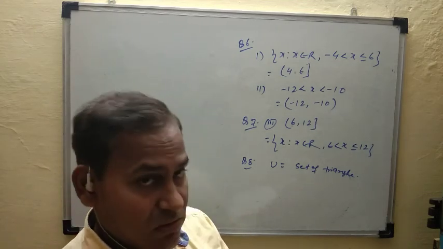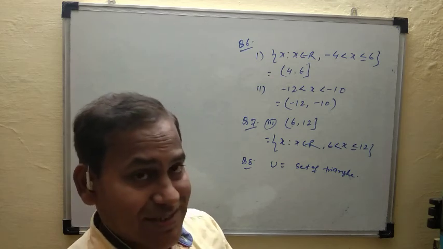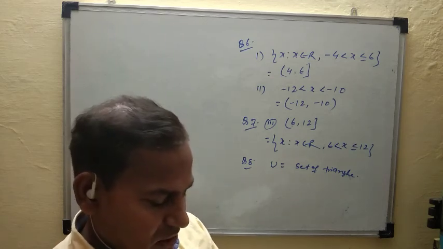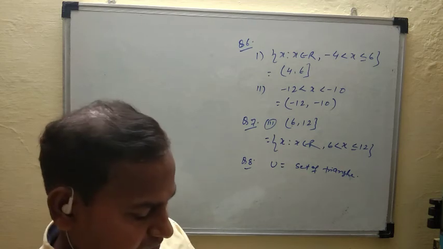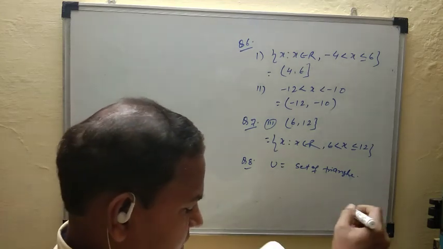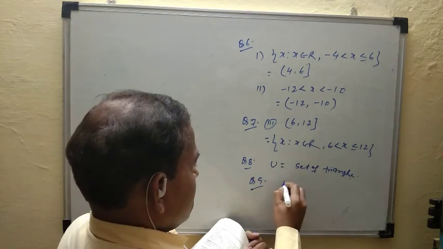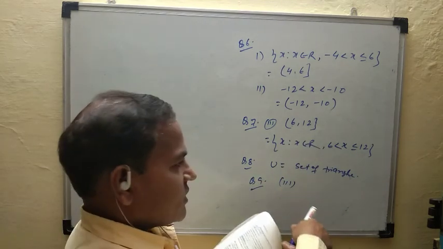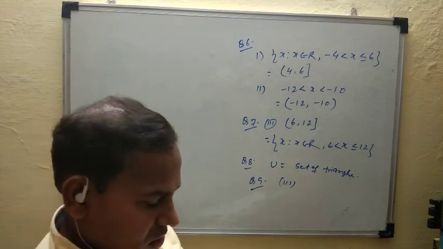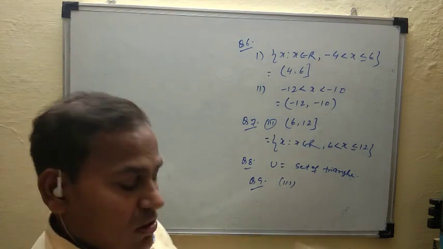Here the first is not a superset because 8 belongs to C, but 8 does not belong to this set. Second, no. Here the third is the superset, because all the elements of sets A, B and C lie in the third.